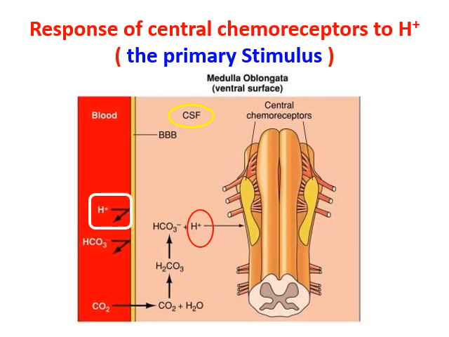Unfortunately, hydrogen ion in the blood cannot cross the blood-brain barrier or the blood-CSF barrier. Therefore, changes in the hydrogen ion concentration in the blood will not have a stimulating effect on the central chemoreceptor. Instead, the carbon dioxide in the blood stimulates these neurons secondarily by changing the hydrogen ion concentration in the CSF.